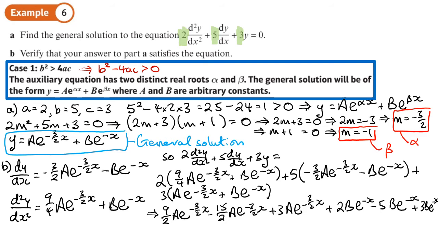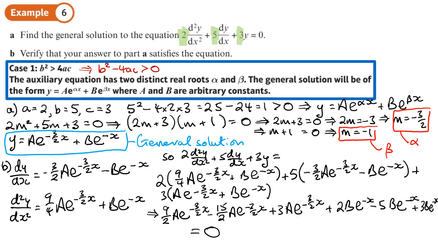Now all of that cancels out, giving 0. If you add these together, 9 over 2 minus 15 over 2 gives you negative 6 over 2, which is negative 3, plus 3 is 0. 2 minus 5 is negative 3, plus 3 is 0.